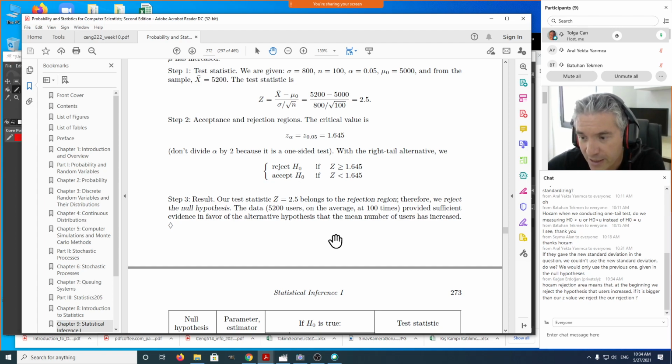Rejection area means that at the beginning we reject the hypothesis that the users increase. If it's bigger than our z-value, we reject. So let me try to understand. The rejection area is the place where we say that's an extreme case, and that extreme case is, for example, 5% of the population. Then I accept that even in the null hypothesis, 5% of the population falls into that extreme area.